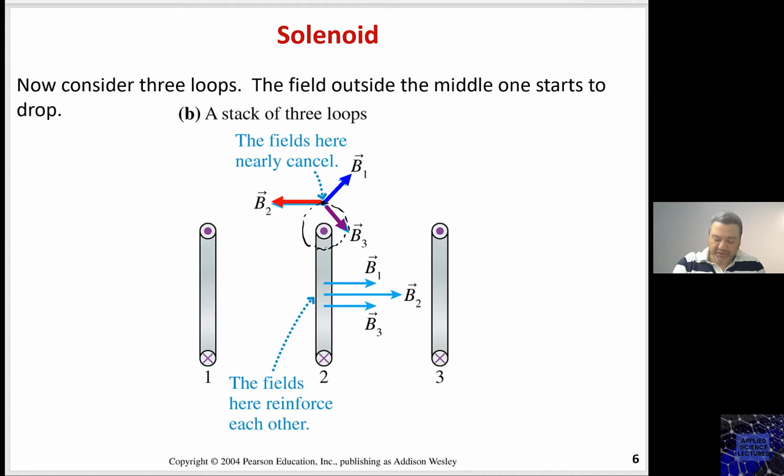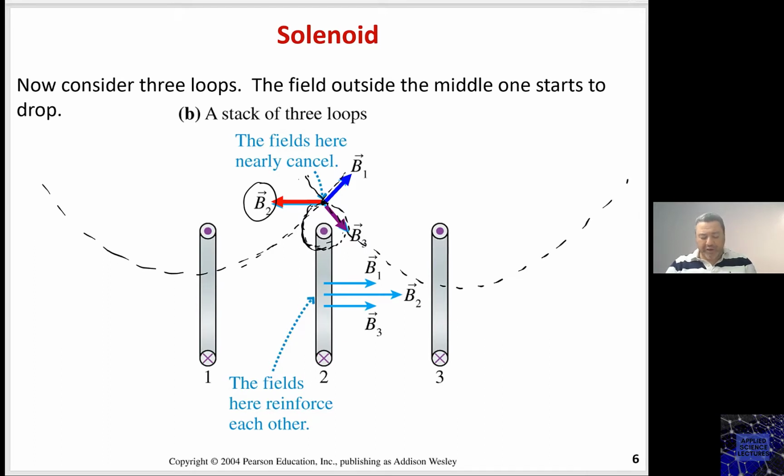So this one, the magnetic field due to this field line is the B2. However, if you recall, B1 is coming from the line. So this is B1, and also B3 is coming from the loop number 3, and it's doing like this.